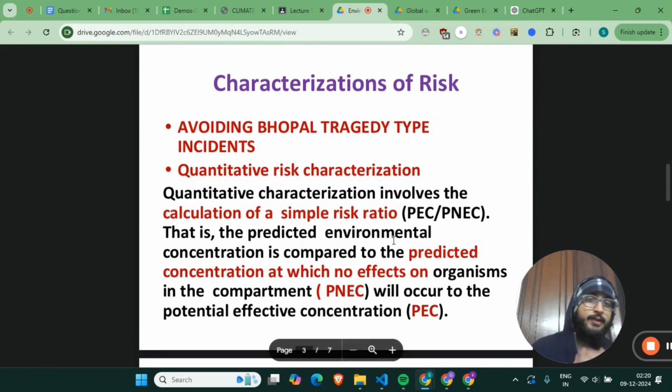Now, characterizations of risks: avoiding Bhopal tragedy type incidents. Quantitative risk characterization involves the calculation of a simple risk ratio, that is PEC upon PNEC.